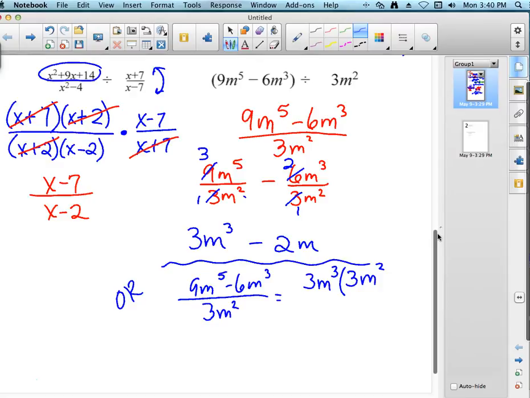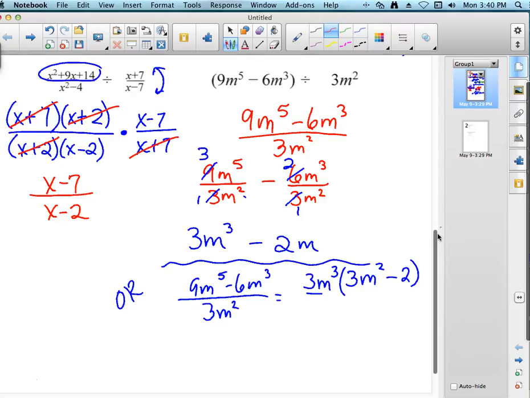And if we factor out a 3m cubed from 6m cubed, we would have negative 2 left. All right.